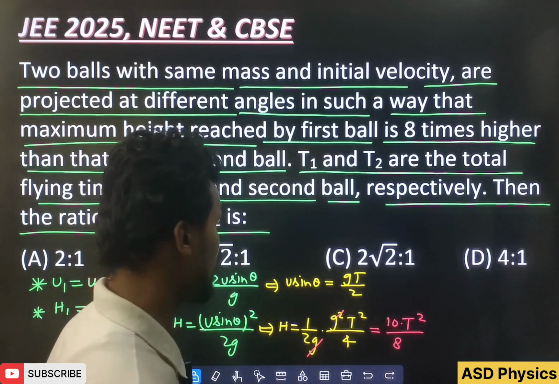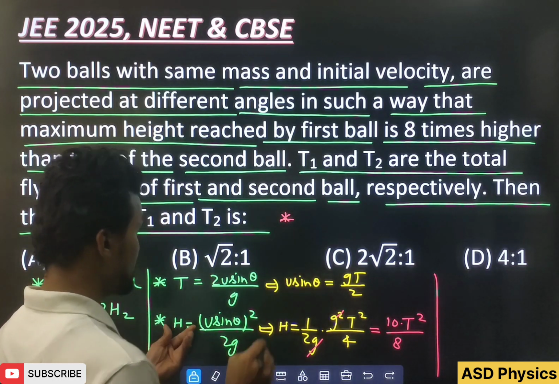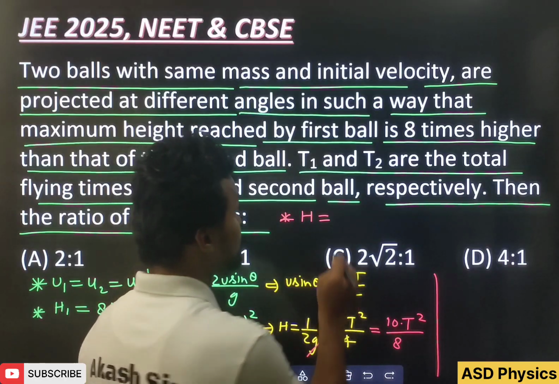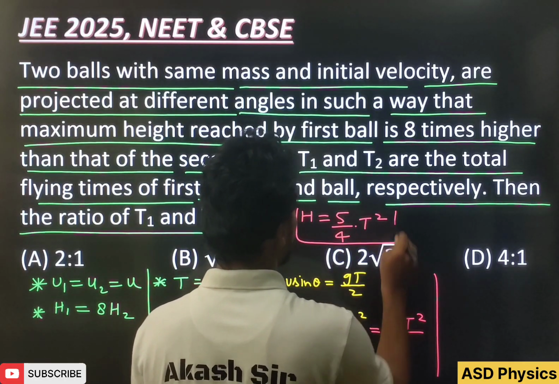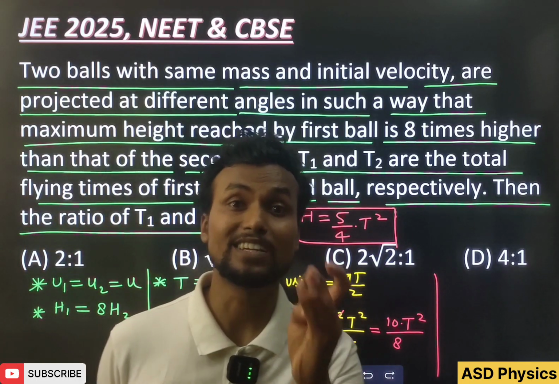This formula is very important. So h equals 10 by 8, which means 5 by 4 T square. Very important formula: h equal to 5 by 4 T square, provided u and theta should be same.